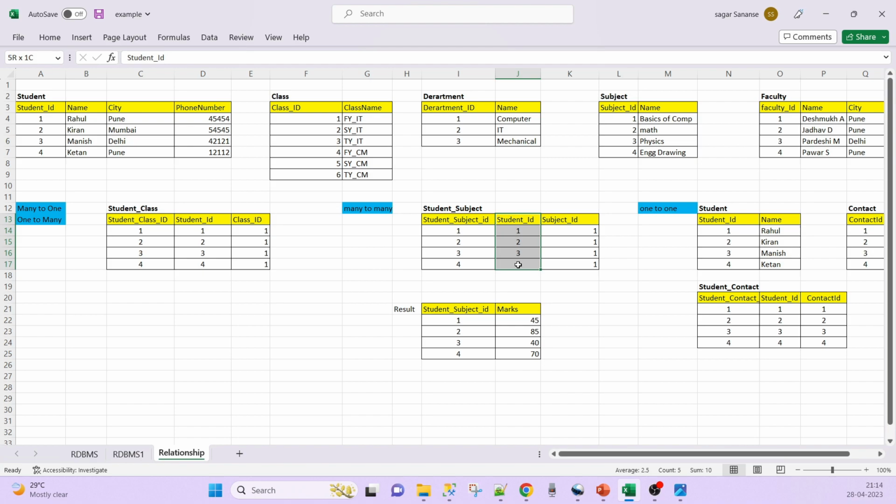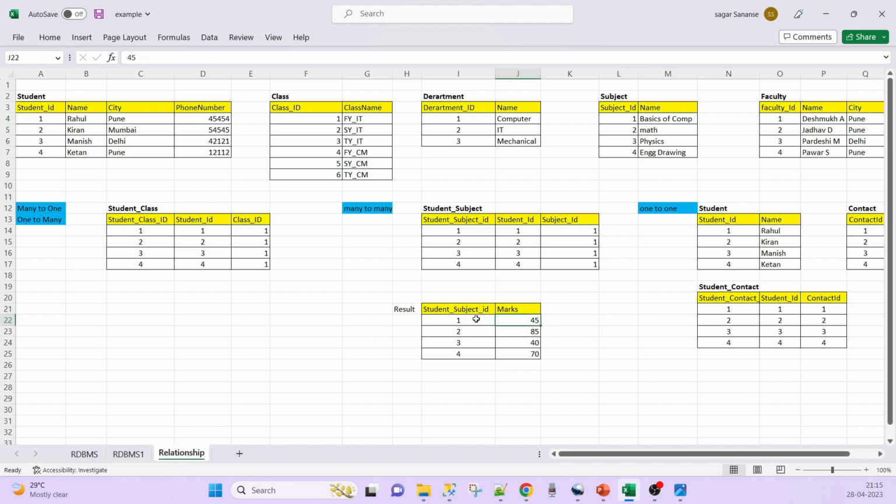So here is the student ID, here is the subject ID, and suppose I have to segregate it further and take the marks of each student. Then Rahul has the subject basics of computer and he got 85 marks or 45 marks.